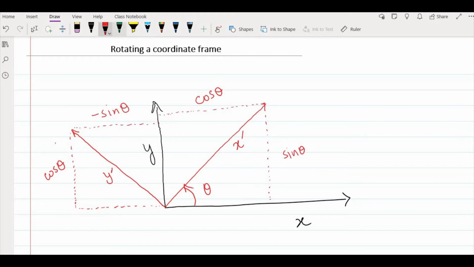So let's say the frame is rotated by angle theta.